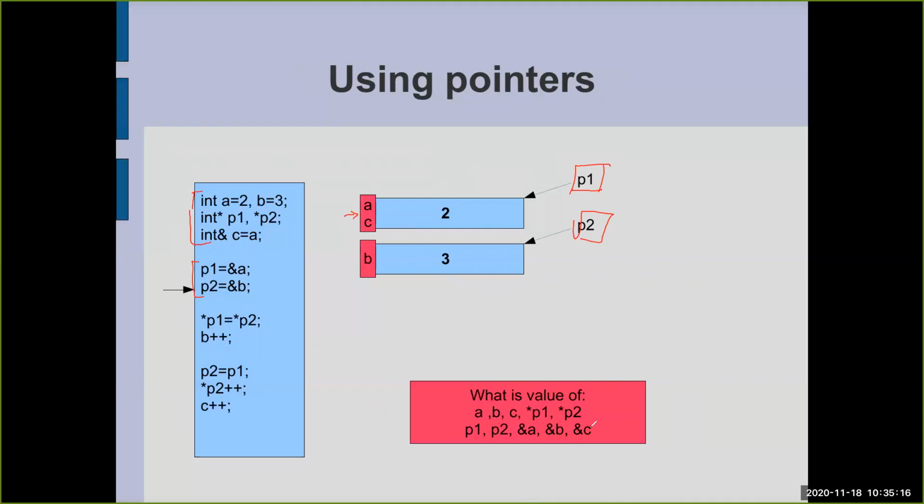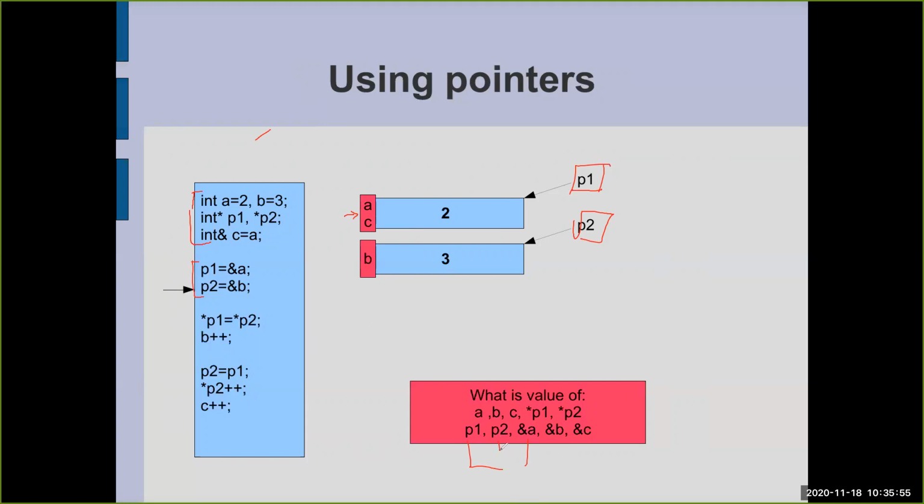After every line, I will ask you what the values are: A, B, C, asterisk P1, asterisk P2, P1, P2, and ampersand A, B, C. Here we don't have the absolute addresses of, for example, variable A, but we can tell that the value of P1 is equal to the value of ampersand A. So these two values are the same.